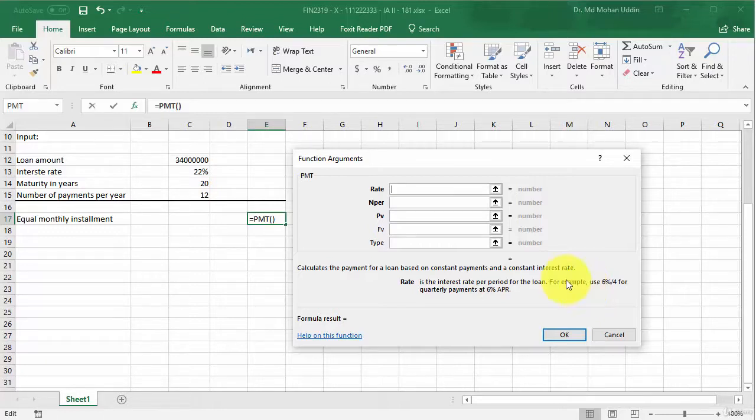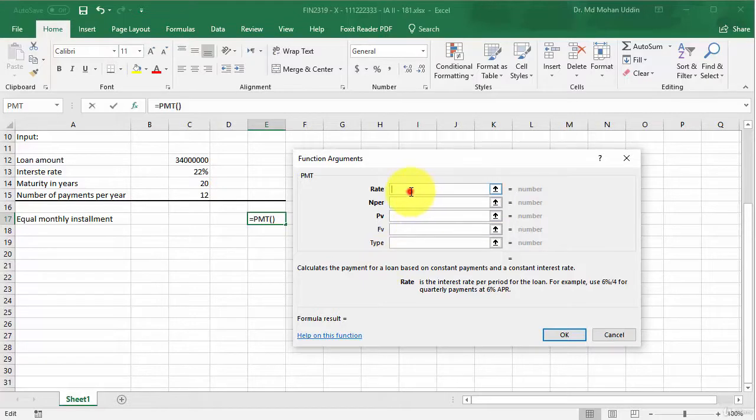In our example, the rate is actually 22%, which is yearly rate, but we are going to pay monthly. So it should be 22% divided by number of payments per year. We are not going to type in the amount. What we are going to do is link the cell so that if we change the interest rate, we can see the results immediately.